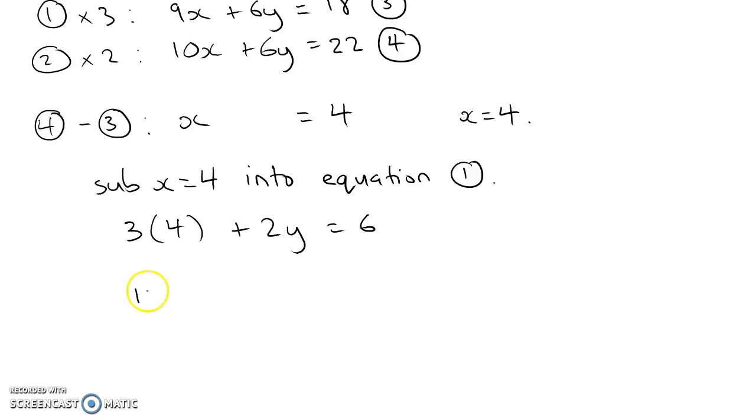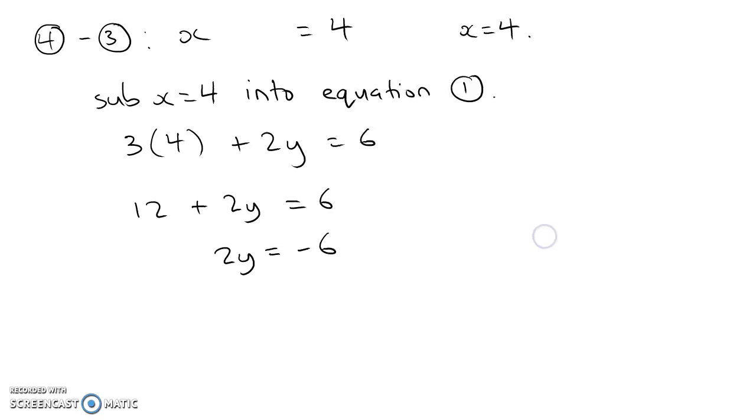So that gives us 12 plus 2y equals 6. Bring the 12 over to the other side, we get 2y equals minus 6, and therefore y equals minus 3.